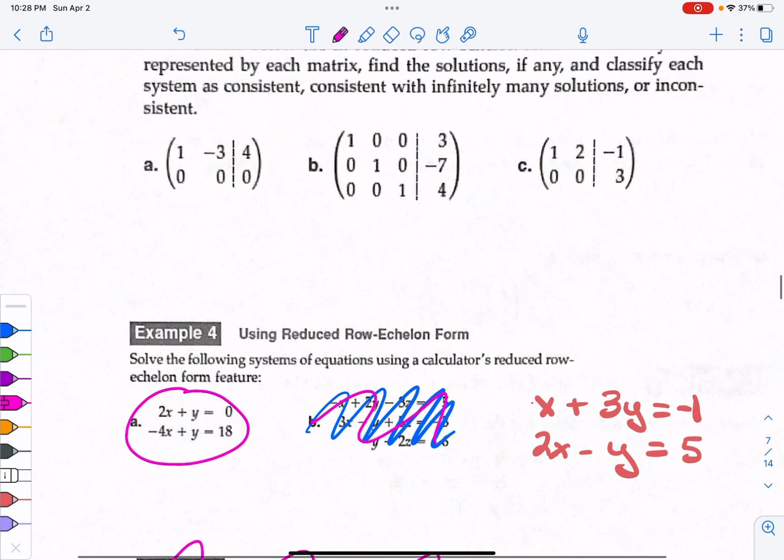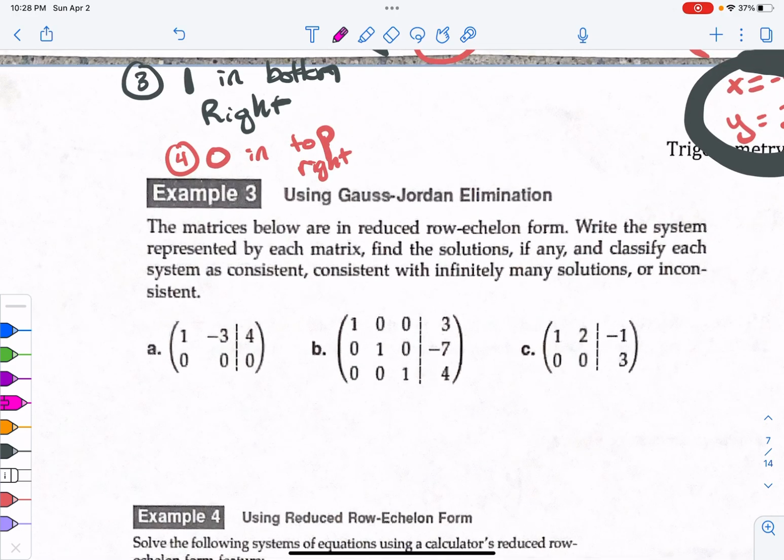Here we go. Let's answer example 3 first. This one is just asking for some information, like if this is the answer, what does that mean? It says the matrices below are in reduced row echelon form, so this is the final answer, what we get.